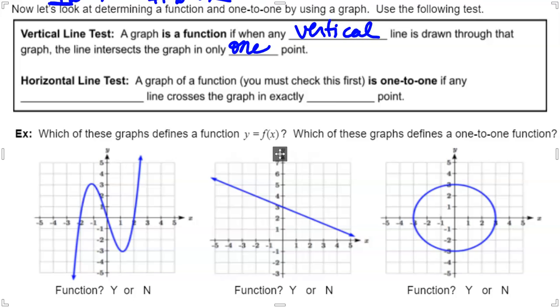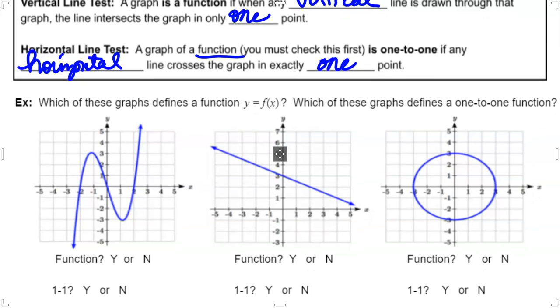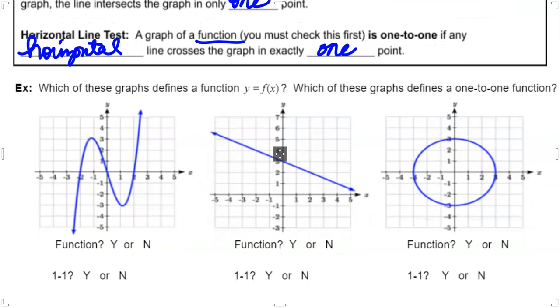A graph of a function, so remember it has to be a function, you must check that first, is one-to-one if any horizontal line crosses the graph in exactly one point. Now for you visual learners out here, you will love this because we want to look at vertical lines and horizontal lines to determine this.